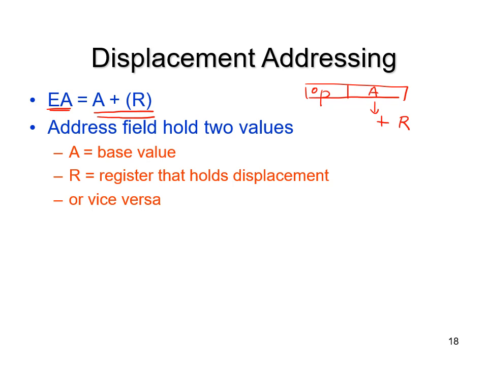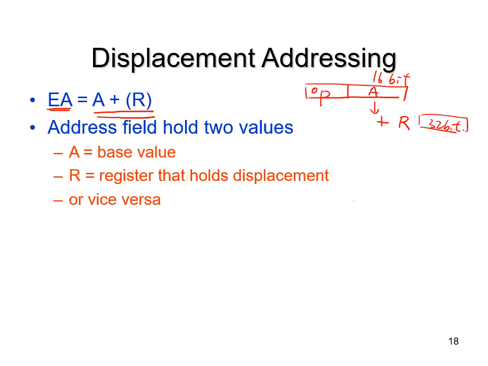For example, originally you may have only 16 bits for the address, but now together with the value stored in the register, it may be 32 bits.